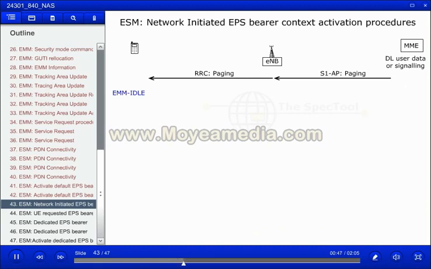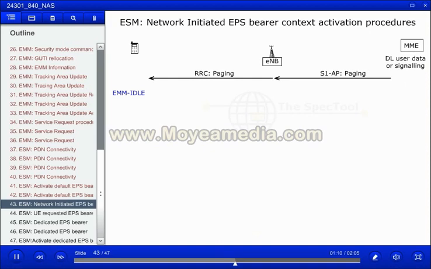The protocol used for paging initiation between the MME and eNode Bs is S1AP. From the eNode B over the air interface to the UE, paging will be carried by the protocol RRC.